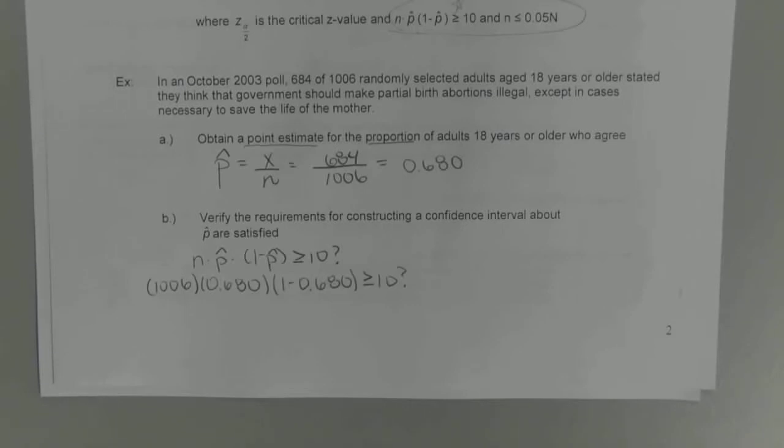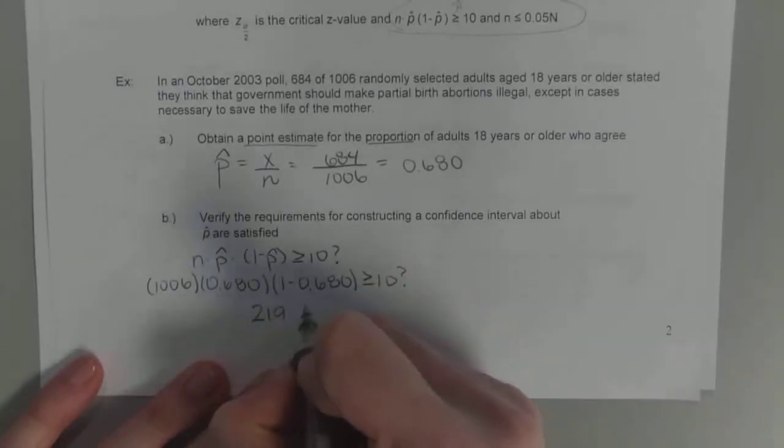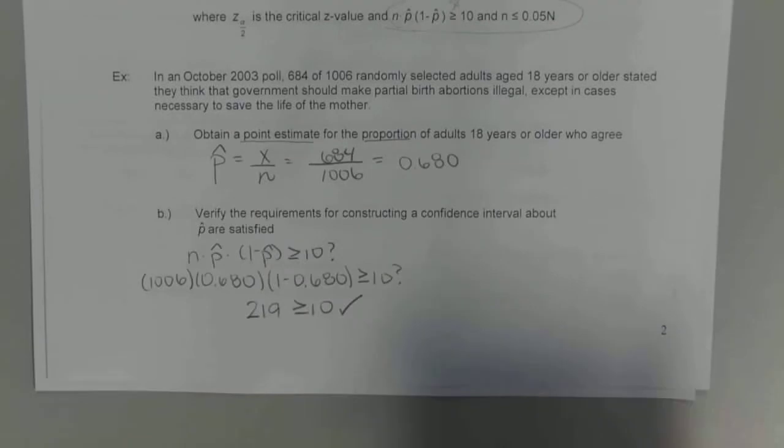Take your 1,006 times your 0.680 times parentheses 1 minus 0.680, and you should get a number that's greater than 10. I think this one's easily greater than 10. Is it like 219-ish? Yeah, okay. So it's 219, which is greater or equal to 10. Check. So that's met. Does everybody see what we're doing? So we're trying to fulfill that this inequality on the left is greater than 10, and it is.